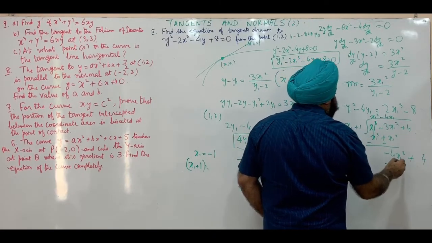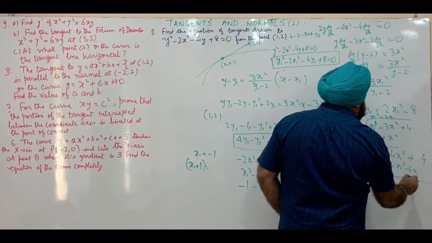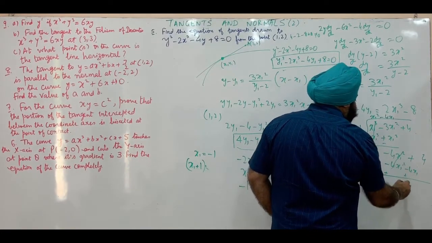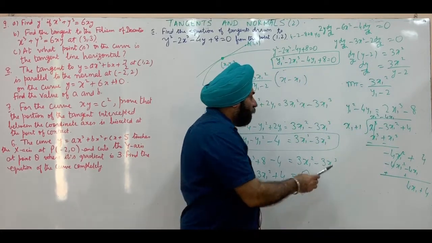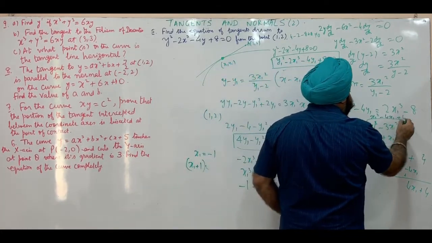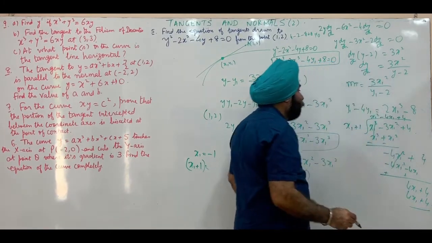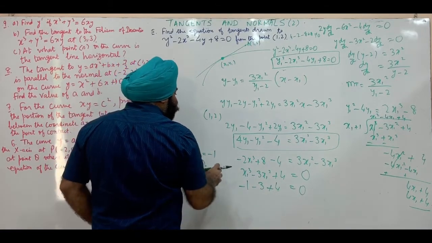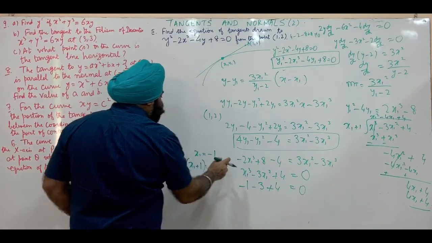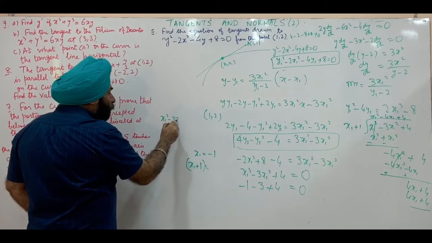So minus 4x1 square and minus this is 4x1. Again subtracting, this will cancel out. So 4x1 plus 4. We have x1 plus 1, so this will be 4. So that's 4x1 plus 4. This will cancel out.